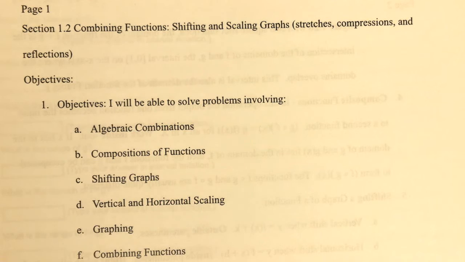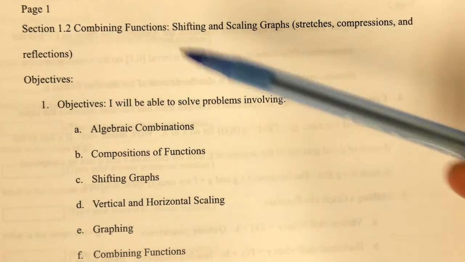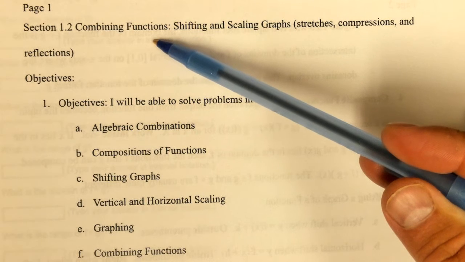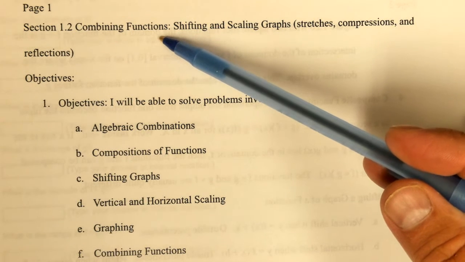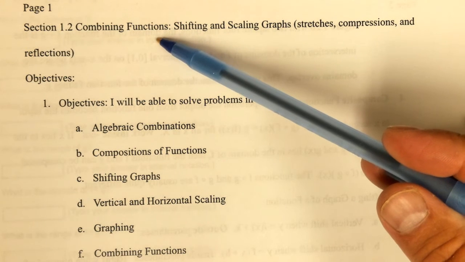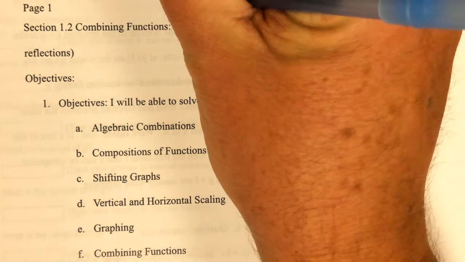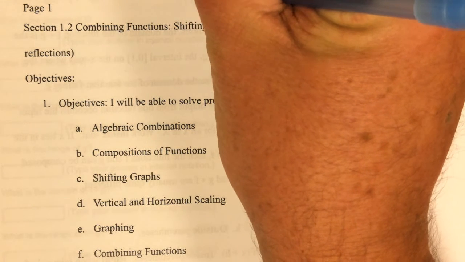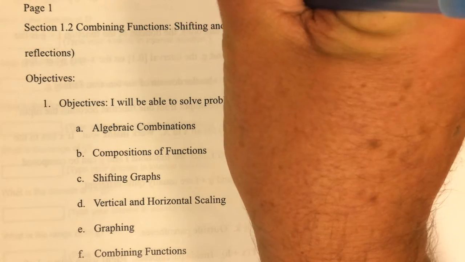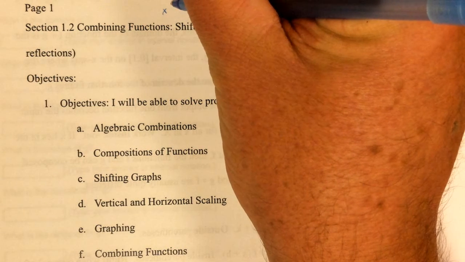So in this section, we are combining functions, which basically means we're going to add, subtract, multiply, divide any type of function. For example, you might have a quadratic divided by a different quadratic.